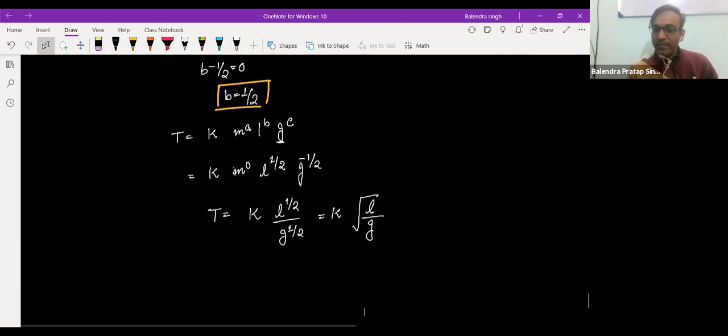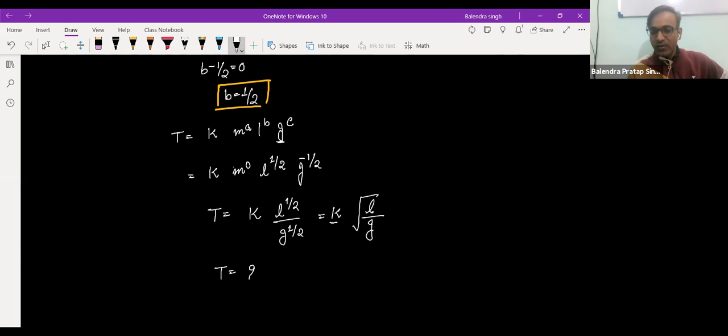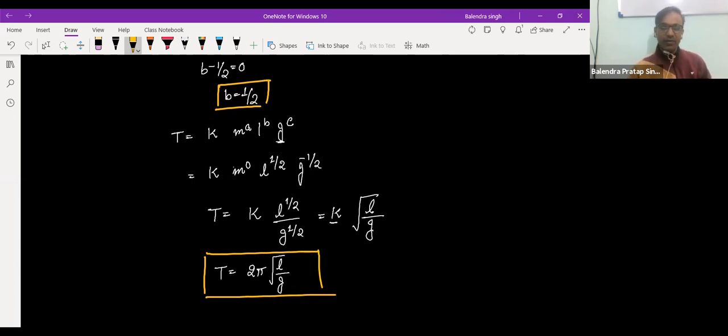By experiment, this value of k is a number, as I already told you. So T equals 2 pi under root L upon g. This is the correct formula. You don't need to write the value of k; I just wrote it to show what the exact formula is.